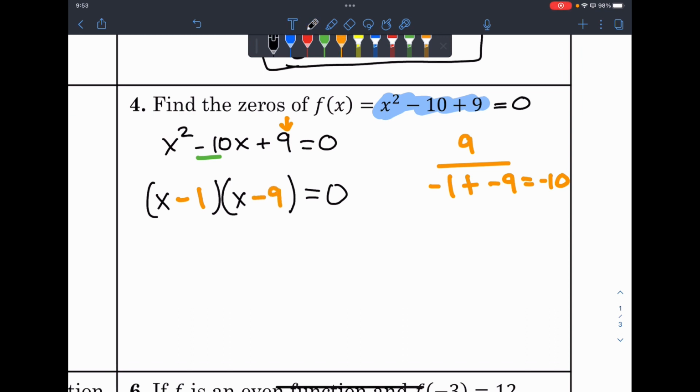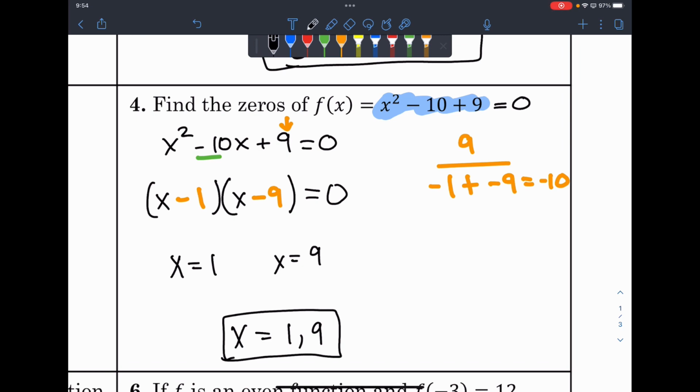So if this is the factorization of x squared minus 10x plus 9, and we want to know what makes that equal to 0, well, those would be the opposite values. x would have to equal positive 1 to make x minus 1 equal to 0, and to make x minus 9 equal to 0, x would have to equal positive 9. So there's our solution: x equals positive 1 and positive 9. Those are the zeros.